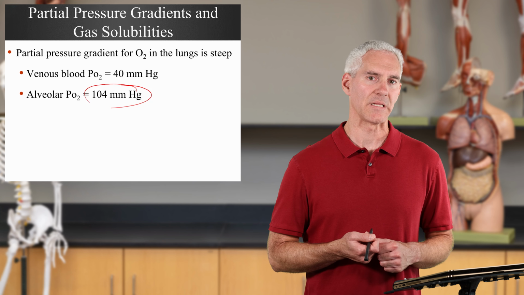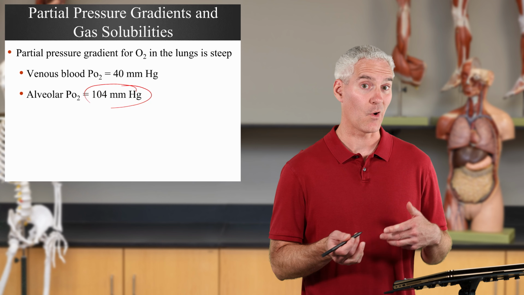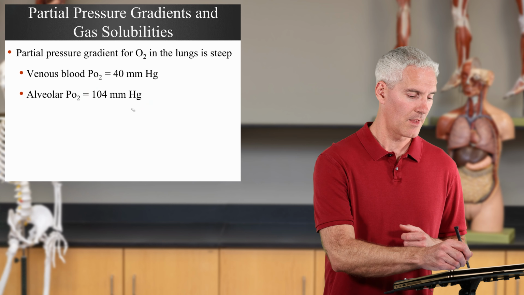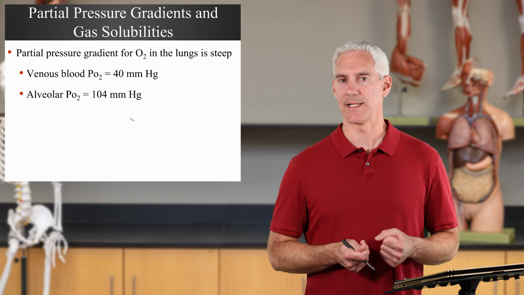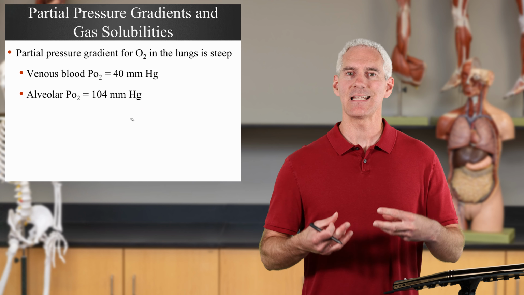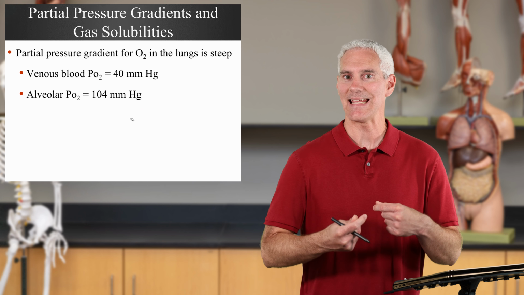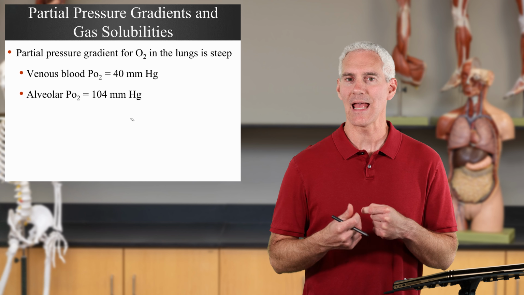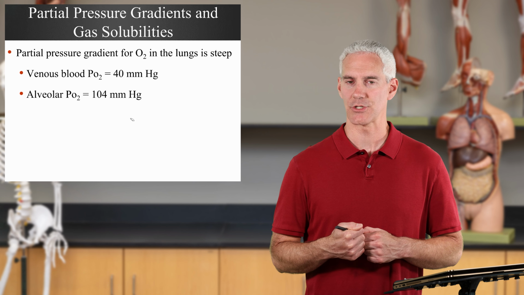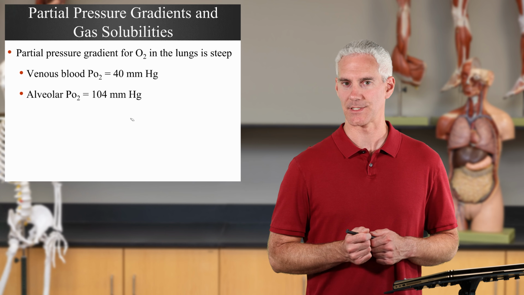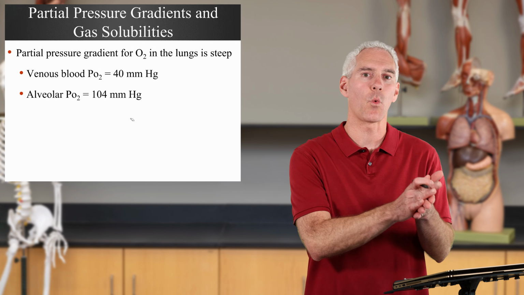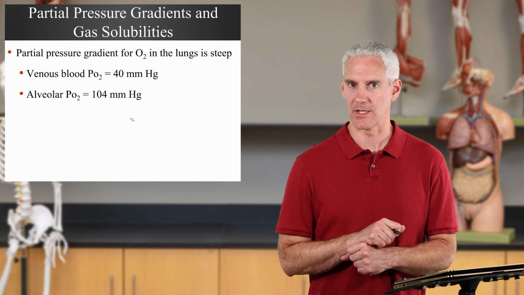That 104 millimeters of mercury of pressure is a whole lot higher than 40, which means you've created a gradient. The oxygen is in a higher concentration inside the alveoli and in a lower concentration in the venous blood around it. The oxygen wants to go into the blood.